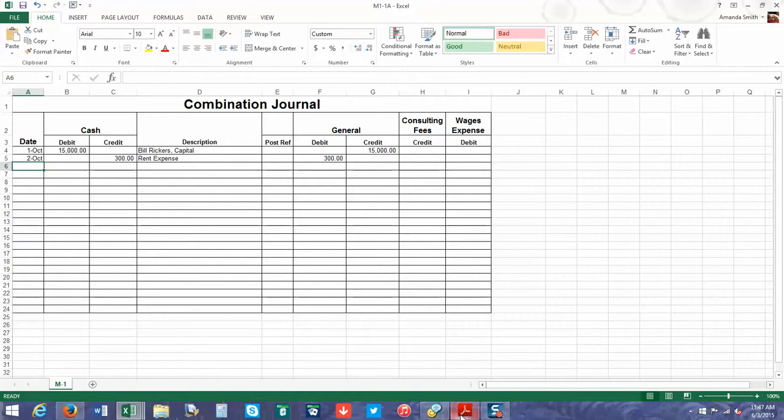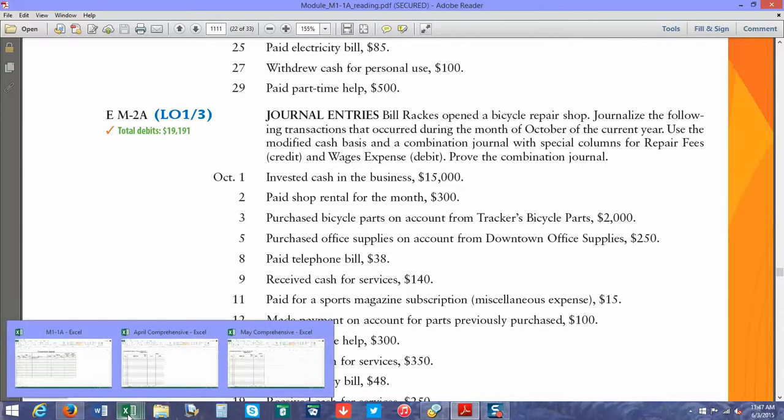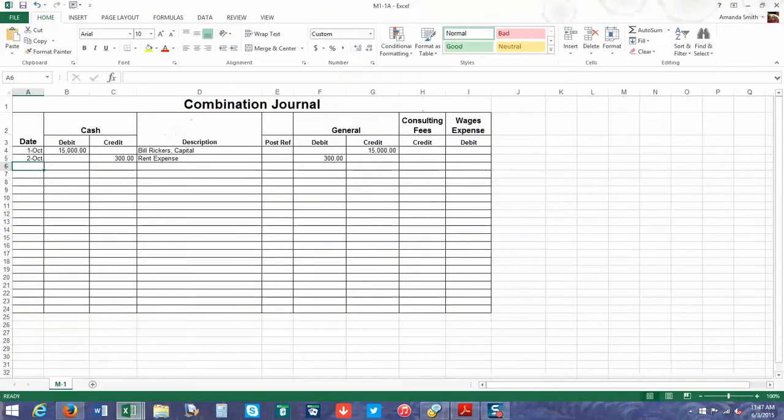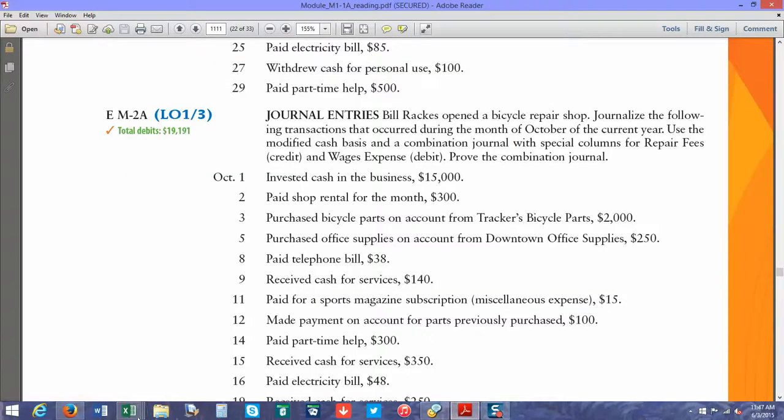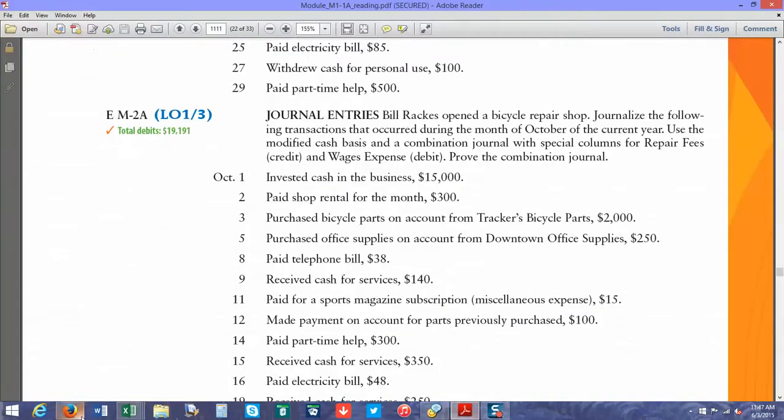On the next transaction, we purchased bicycle parts on account from Tracker's Bicycle Parts. That was on the 3rd. So we have October 3rd. And then we're going to put bicycle parts, accounts payable, and then Tracker's Bicycle Parts.